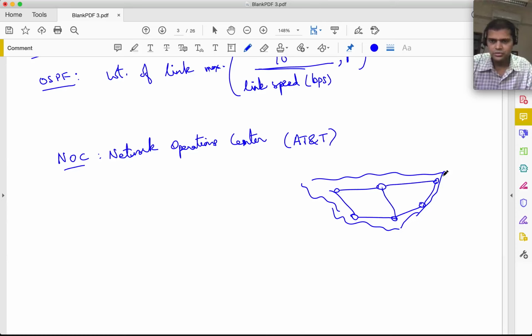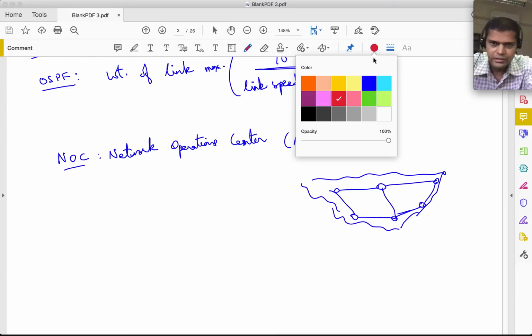This is the East Coast, whatever, New York. Here you may have LA and so on. So they could actually see what is the utilization on different links, okay, based on the color coding. So they knew the link capacities and the utilizations and so on. And the network engineers, using their own intuition, would change the weights. So they saw that this was getting, let's say, very red colored because of high utilization.